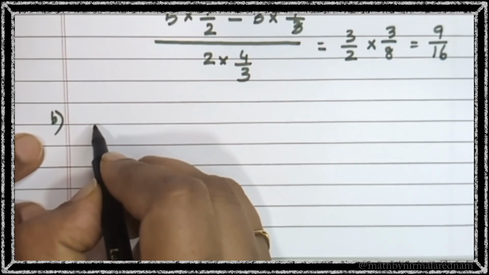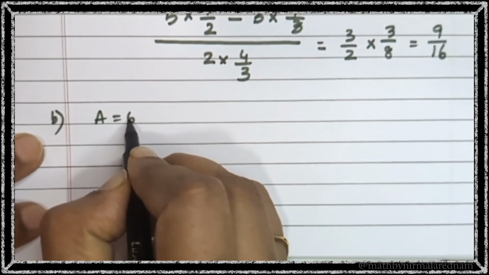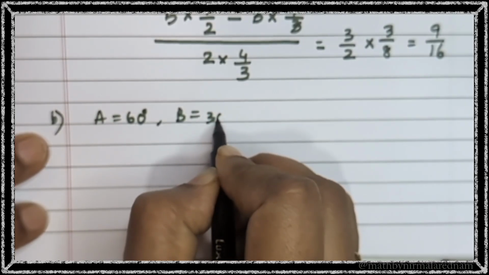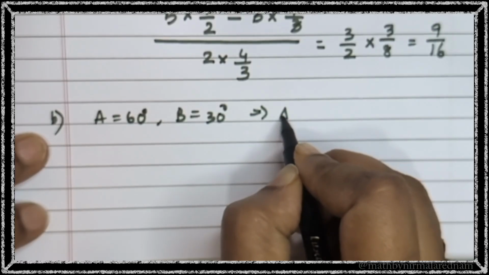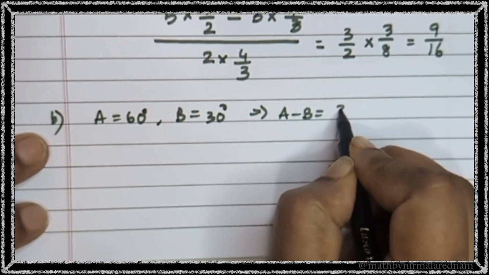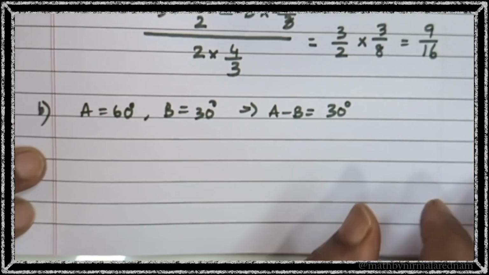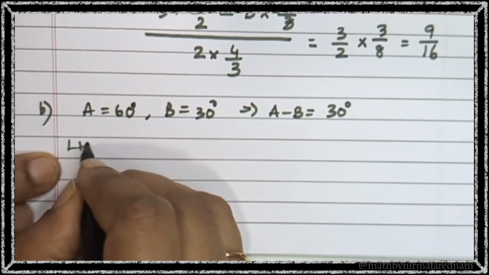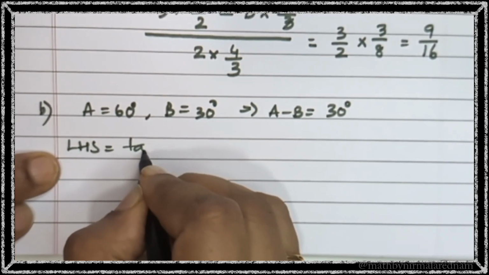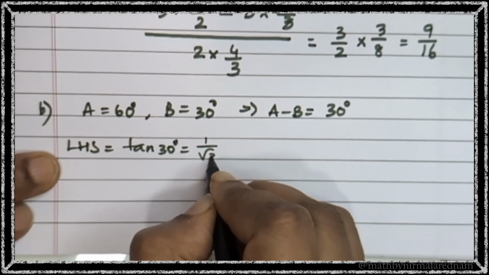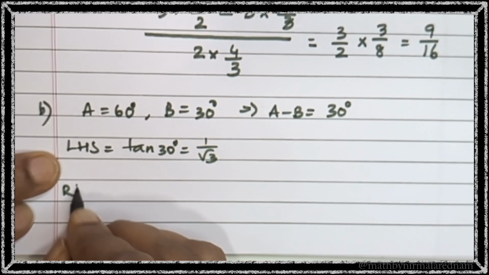So A is given as 60 degrees, B is given as 30 degrees. So A minus B is nothing but 30 degrees, right? So here LHS is tan (A minus B), which is nothing but tan 30, which is 1 by root 3. Now let's look at the RHS.